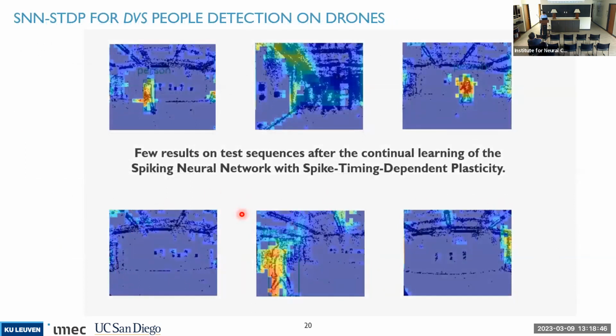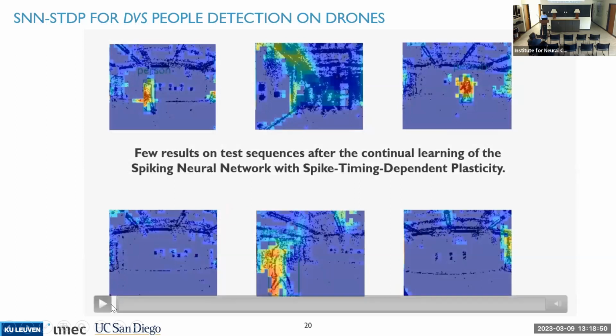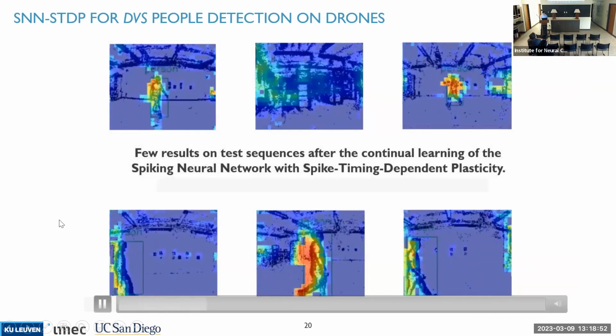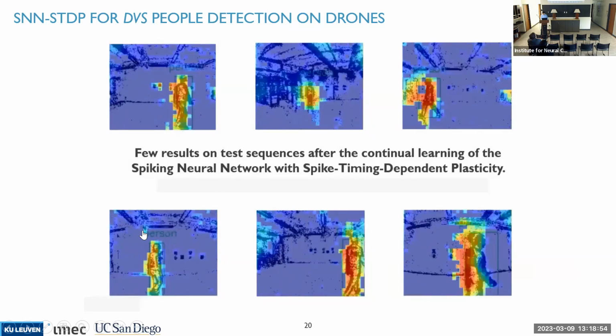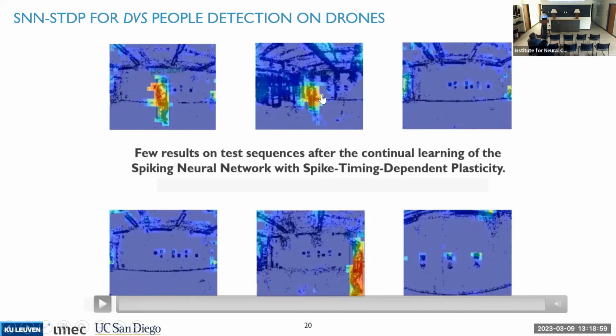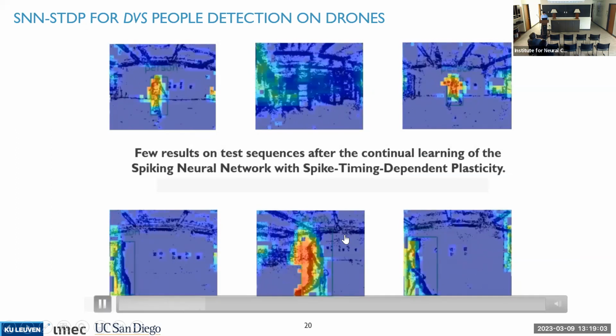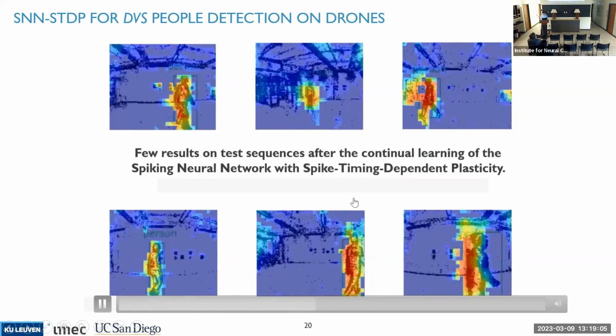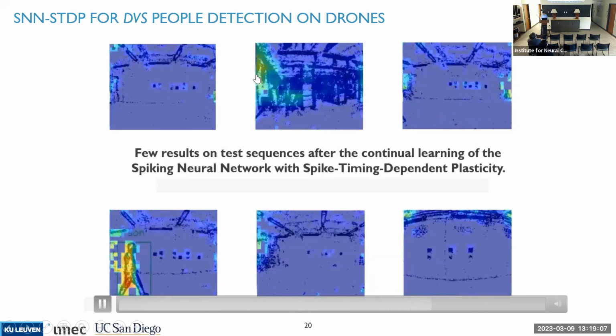Here are some videos of the system in action. Those are test sequences. What you see is that the system does an okay or very good job at keeping attention, building up a good attention map. But as you also see, it suffers from some false alarms.